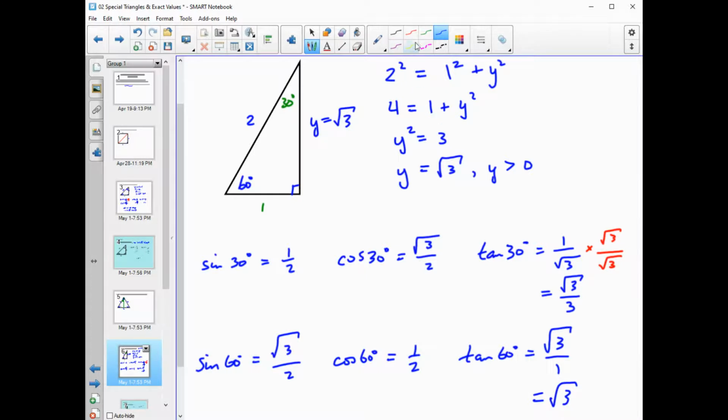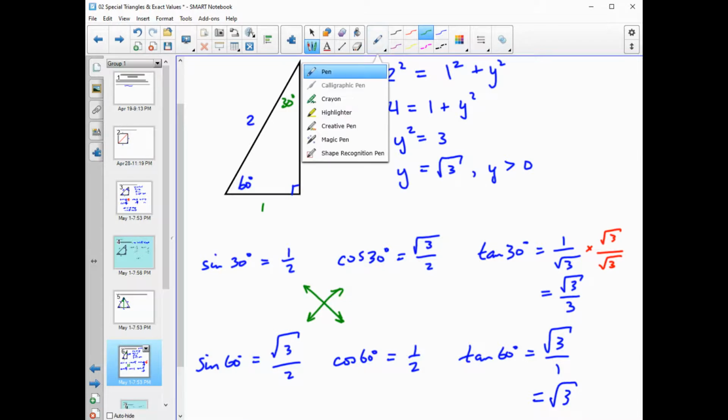The other thing that I'd like to bring to your attention is the fact that the cosine of 30 degrees is exactly the same as the sine of 60 degrees, and that the sine of 30 degrees is exactly the same as the cosine of 60 degrees. And the relationship there has to do with the angles.